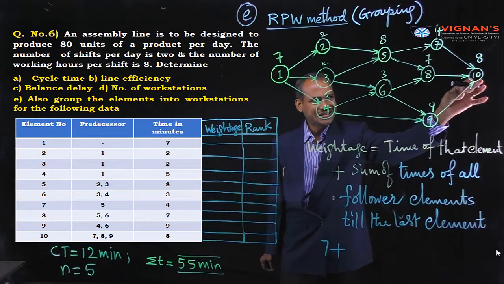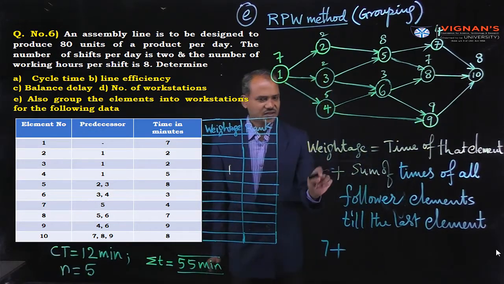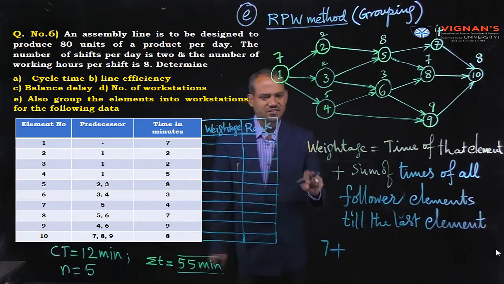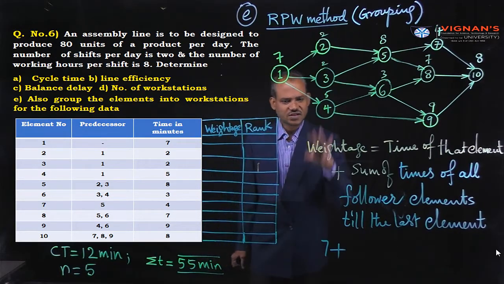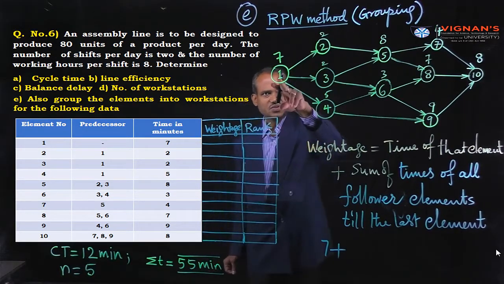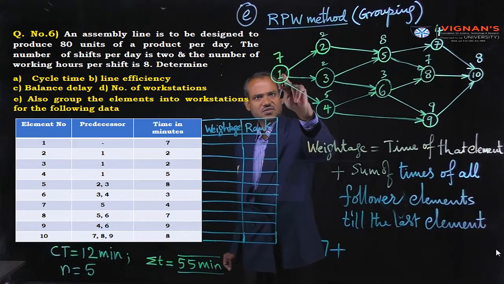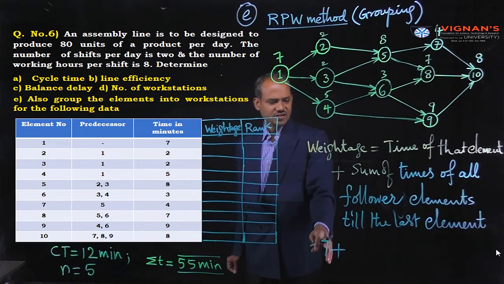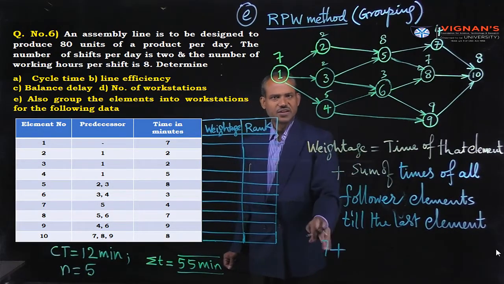Therefore, until element number 10, what are the successor elements that we are going to observe? Time of that element is 7.